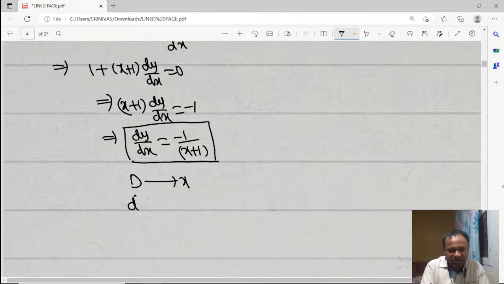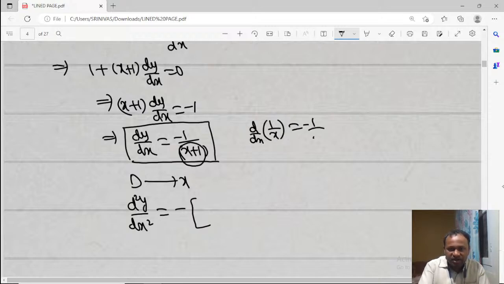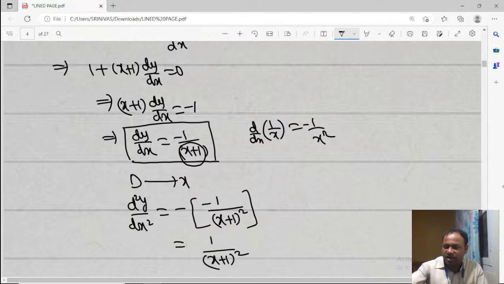The differentiation of dy by dx, d square y by dx square, is equal to minus of, now I will consider this as x, so the differentiation of 1 by x is minus 1 by x square. So minus 1 by x square is nothing but x plus 1 whole square. So minus in minus plus 1 by x plus 1 square.